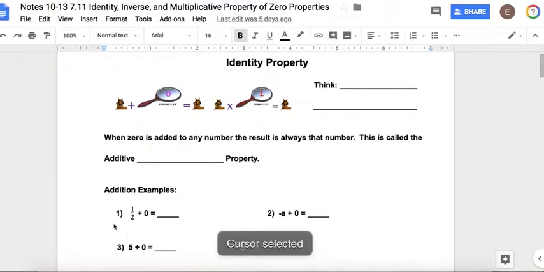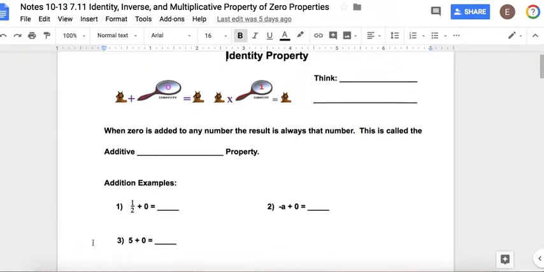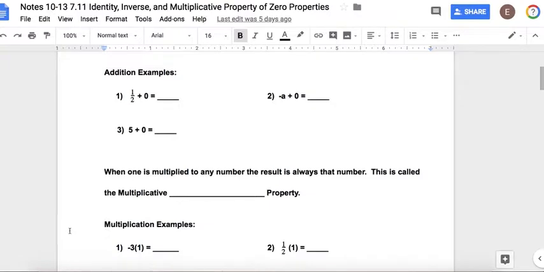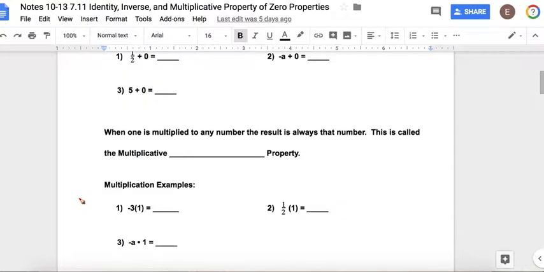Okay, moving along. When 1 is multiplied to any number, the result is always that number. This is called the multiplicative identity property.